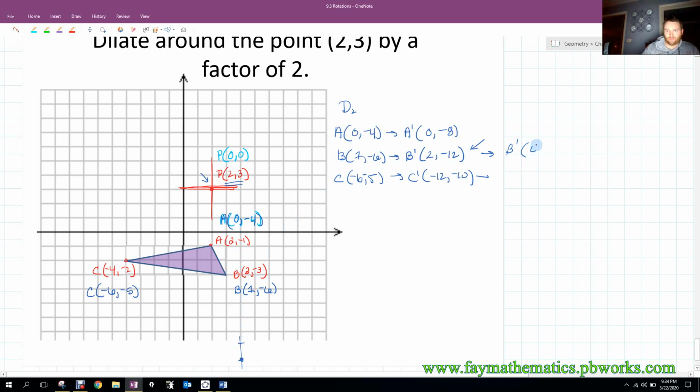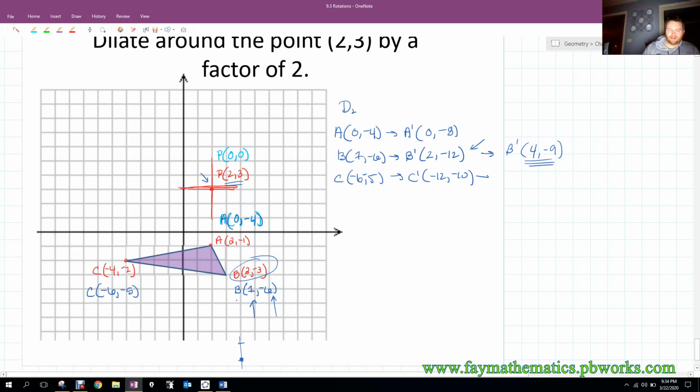So it's to the right 4 and down 9. And let's just think about how we can get that ordered pair from what we started with here. Remember, we took 3 and removed 2 from it to get this 1. We took this negative 3 and removed 3 from it to get that negative 6.